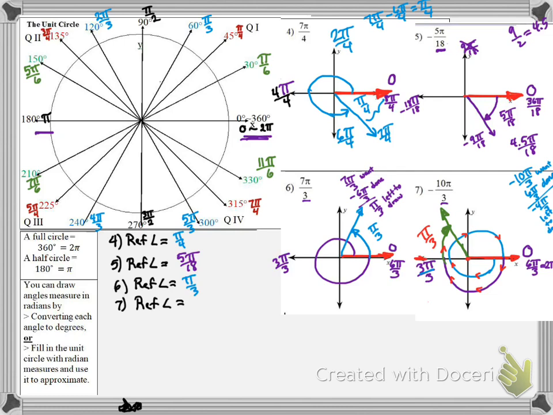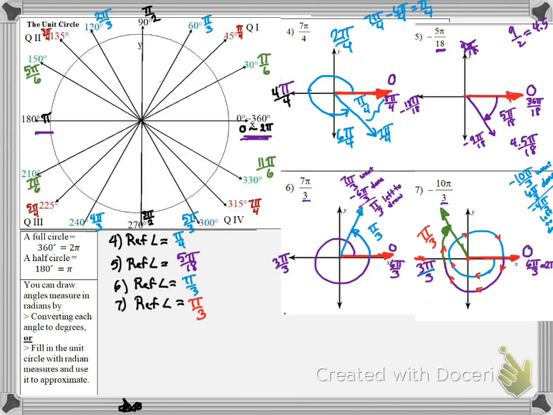I want you to notice something here. When it had a 3 on the bottom, no matter where it started from, my reference angle was pi over 3. When it had a 4 on the bottom, my reference angle was pi over 4. When it had an 18 on the bottom, my reference angle was not pi over 18.